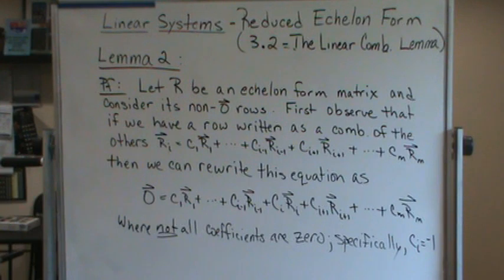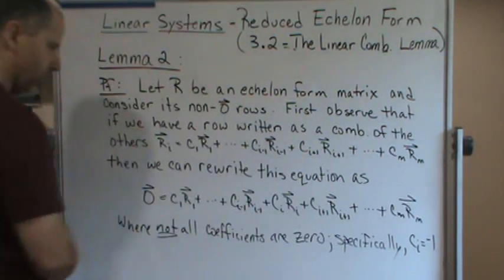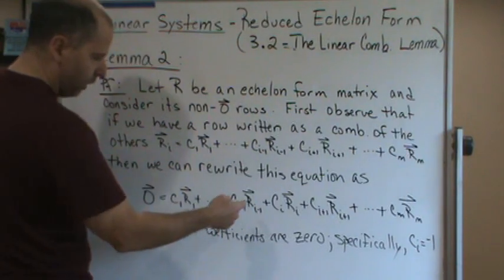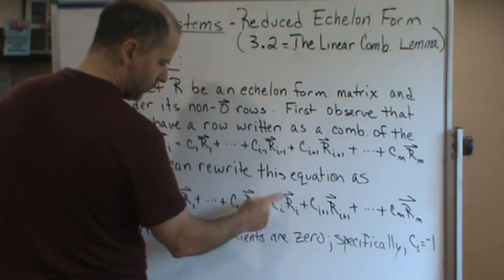Now the converse also holds, because if we start out with this equation here, where not all the coefficients are 0, then we can express that vector as a combination of the others by just moving it over to the left and dividing by the negative C sub I. So we could start with this and say, well, what if this coefficient is not 0?